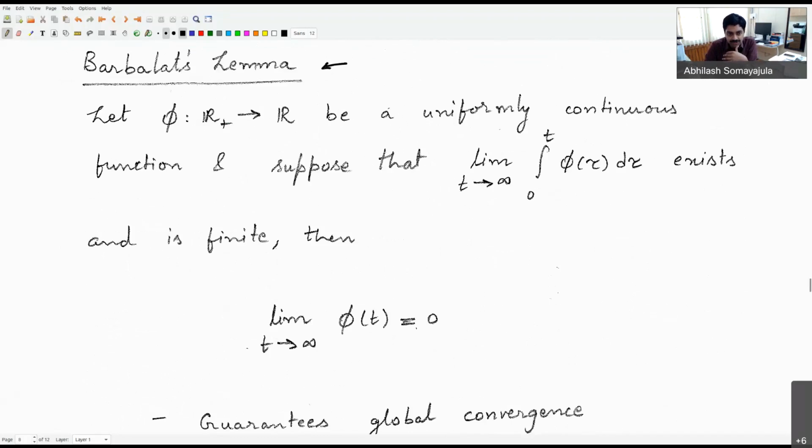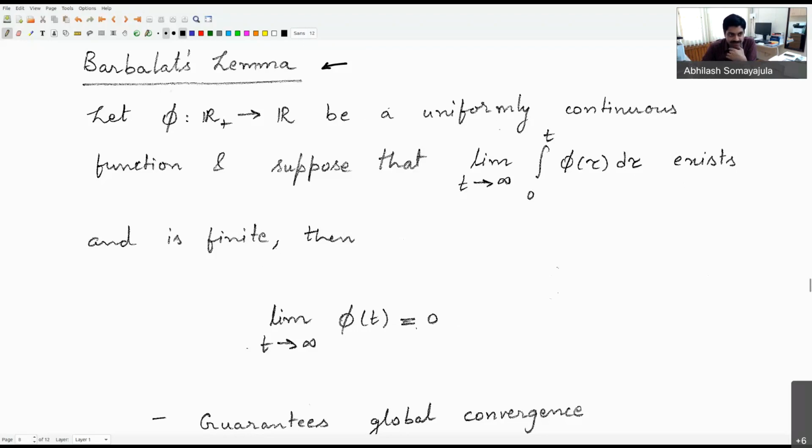And this has to do with the fact that if I have a scalar function phi, mapping from positive real values to some real value, which is a uniformly continuous function, and suppose that the limit as t tends to infinity of the integral from 0 to t of phi of tau d tau exists and is finite, then we can show that the limit as t tends to infinity of phi of t will be 0.